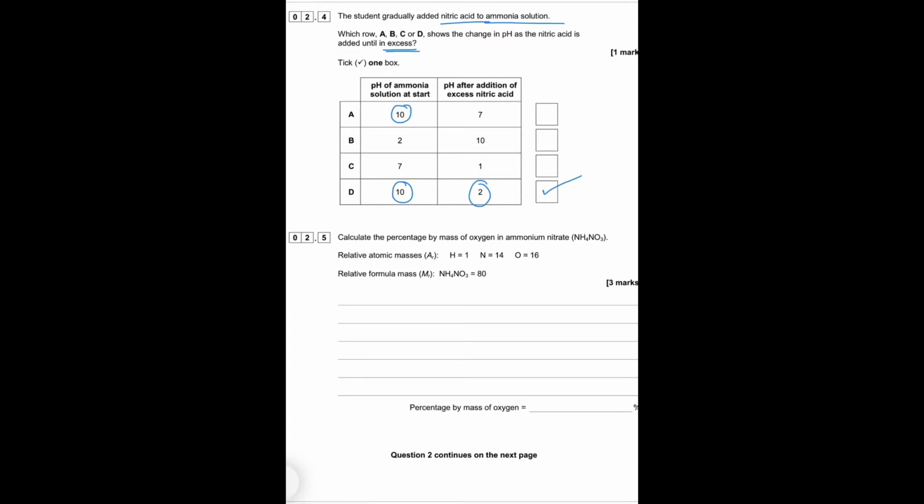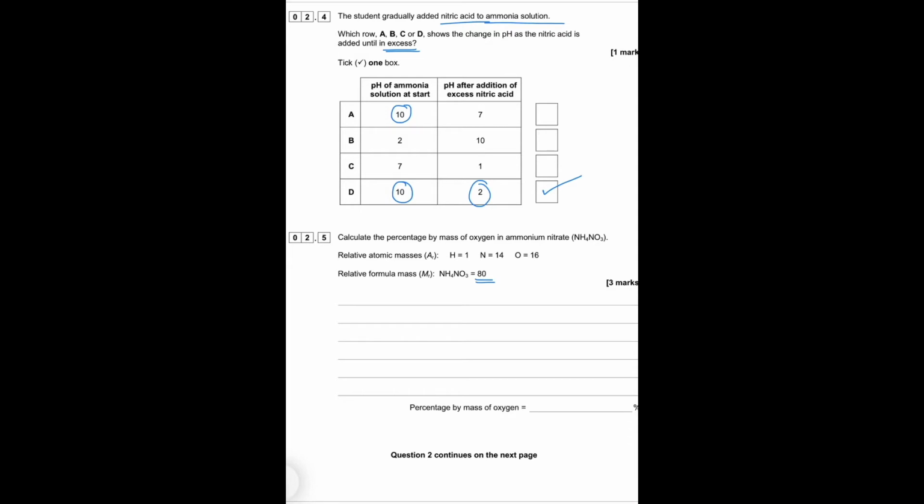Calculate the percentage by mass of oxygen in ammonium nitrate. Relative atomic masses for the individual atoms are hydrogen is 1, nitrogen is 14, oxygen is 16. The relative formula mass of the whole molecule of ammonium nitrate, NH4NO3, is 80.